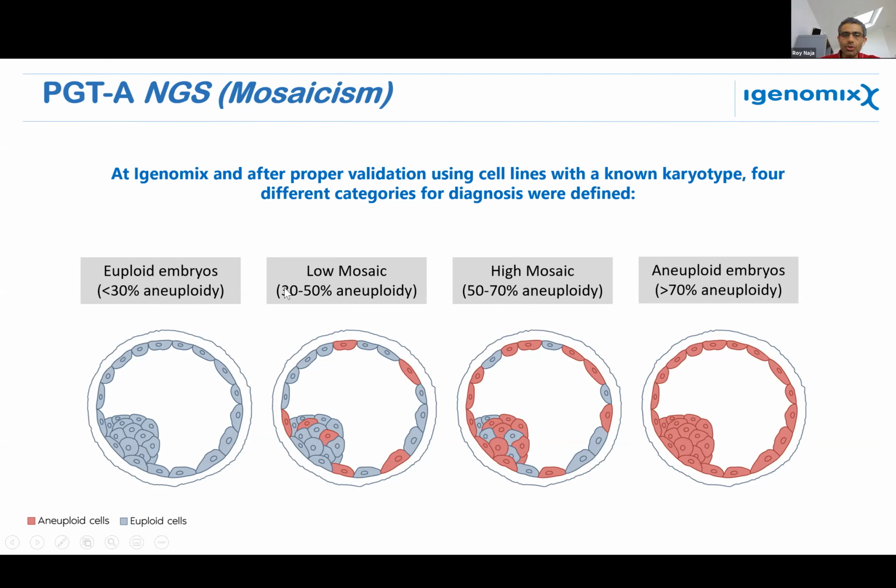So this embryo could be considered for transfer in the absence of any other euploid embryos after going through genetic counseling. Now, the high mosaic embryos are embryos that show 50 to 70% aneuploidy. And the policy for iGenomics is not to transfer these aneuploid embryos. So you still get under the transfer column a no, and not seek genetic counseling.